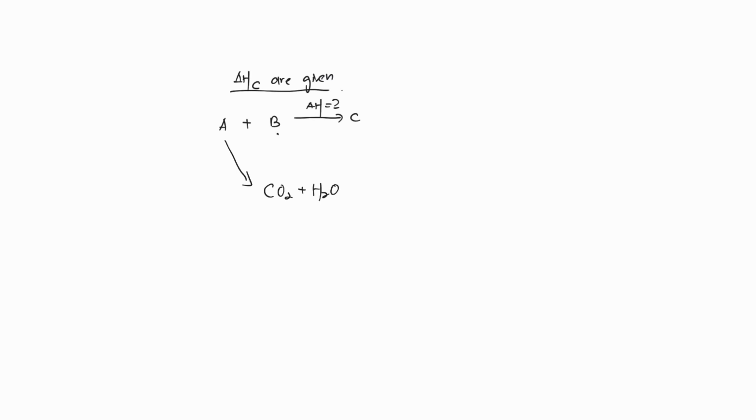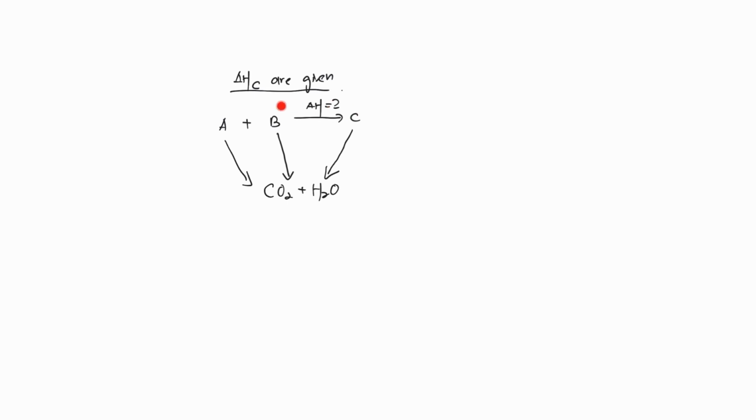So we have also the enthalpy change of combustion for B with the enthalpy change of combustion for C. We could see arrows are always pointing from the compound that burns to the products of combustion if standard enthalpy change of combustion is given as information.